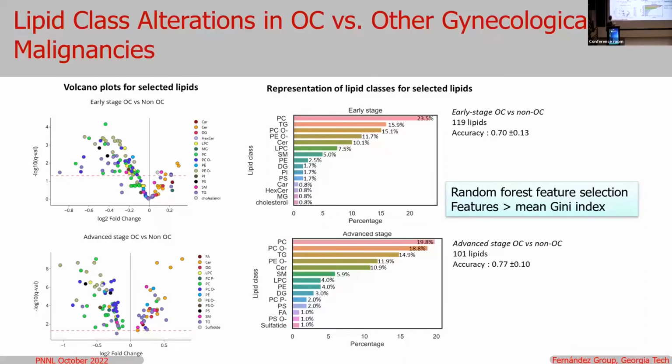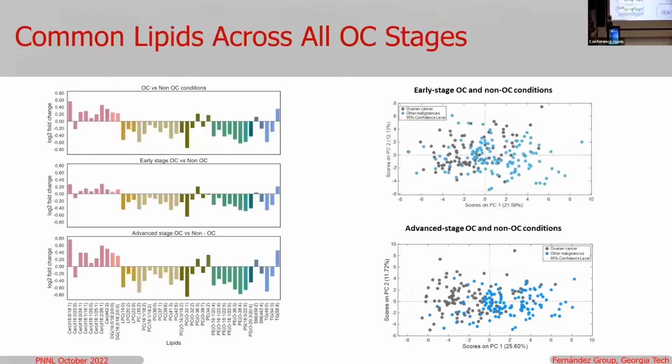You see here the volcano plots that show the fold change of the different features and their respective p-values. So you see that there are very significant changes pretty much in the whole lipidome, for all the different families, which is interesting, but would that be enough for a diagnostic? This is unsupervised analysis.